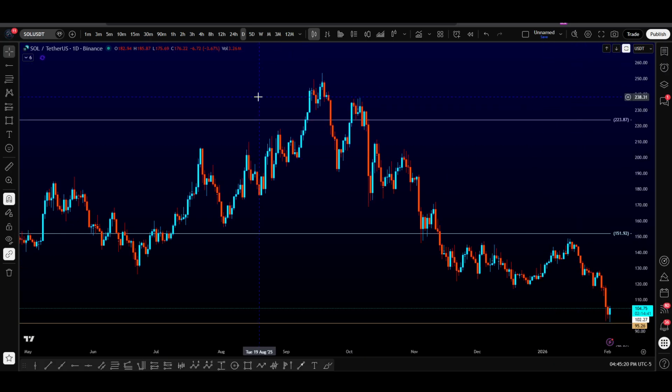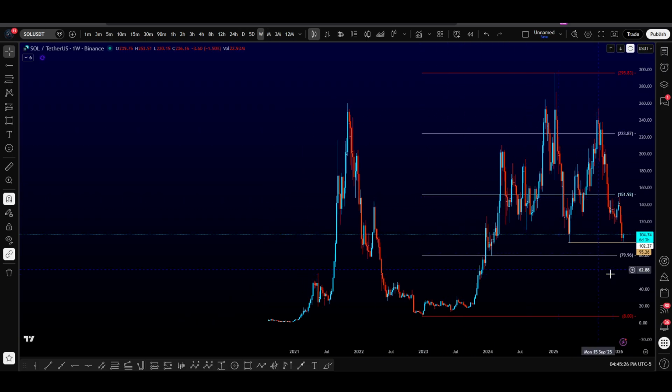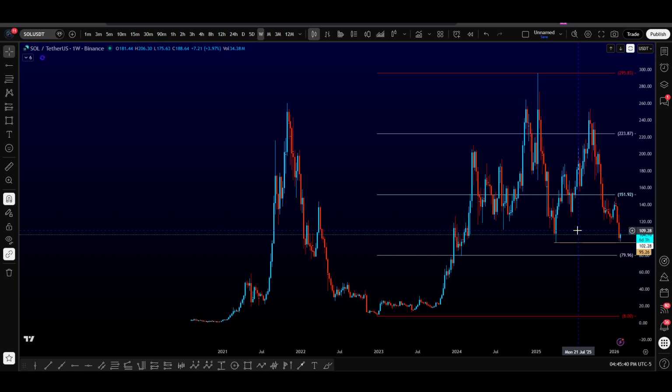All right, I haven't gone over Solana in quite some time, but when you start to look at it from the perspective of the previous bear market lows to the current bull market highs, we are currently trading in a discount of that entire range, right? But the best buying opportunity, I think, will come in at around $79.20.